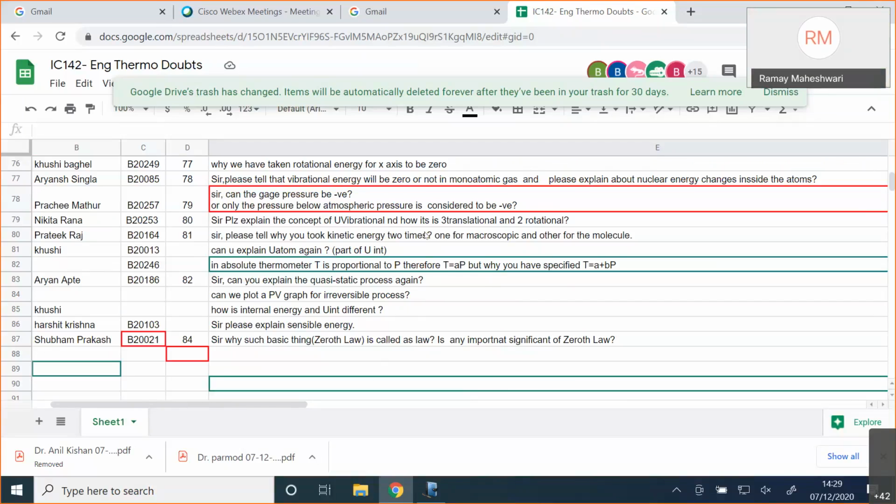Up to which question have I covered? Sir, you have covered up to 81 questions. Okay. So the next question is, can you explain the U atom part again?